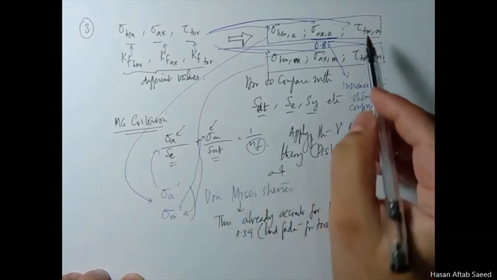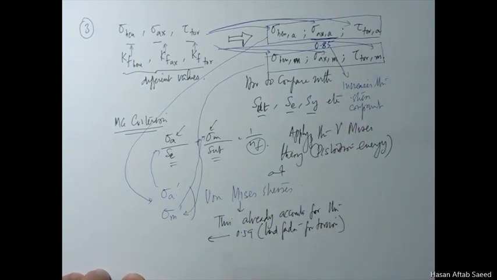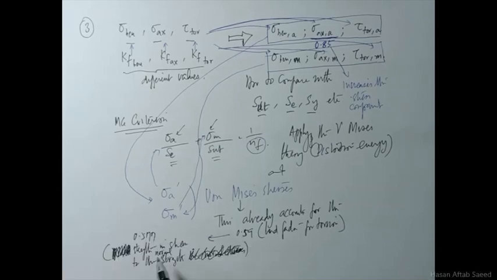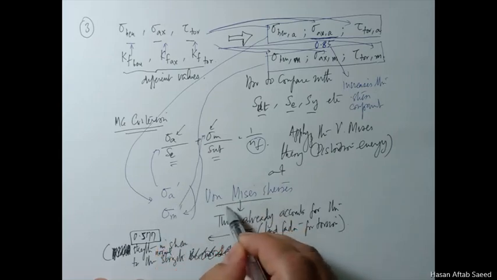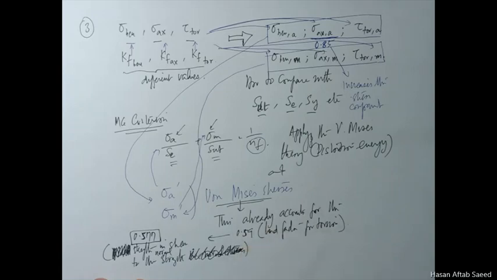When we calculate von Mises stresses, recall what this was essentially: this was 0.577, the conversion factor you apply to convert your strength to strength in shear. So this 0.577 comes from the von Mises theory. So when you calculate this sigma A prime, sigma M prime, you are calculating von Mises stresses. There is no need to apply this factor 0.59.